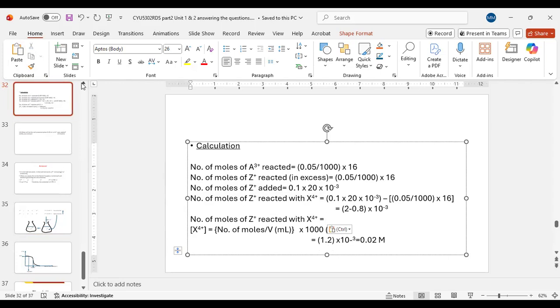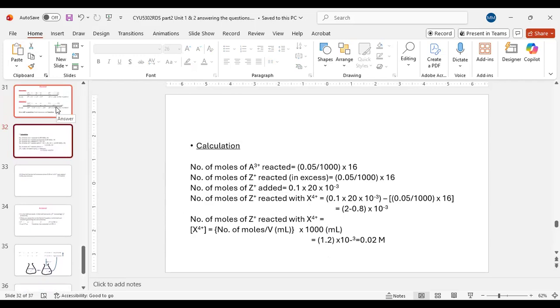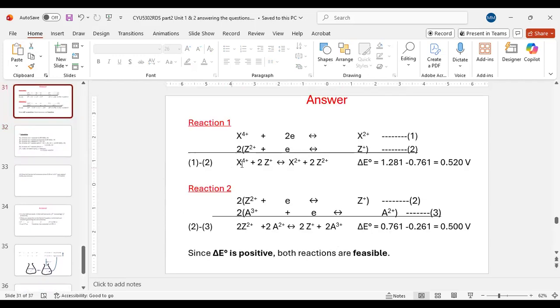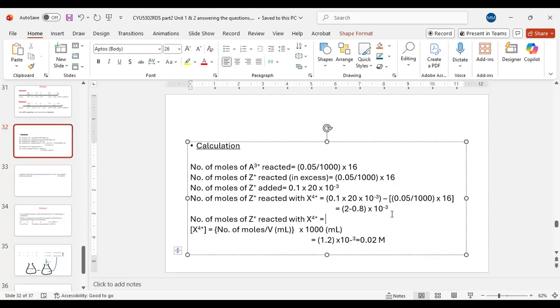Okay, X and Z is 1:2, no? Half of that, divided by 1.2 into 2.